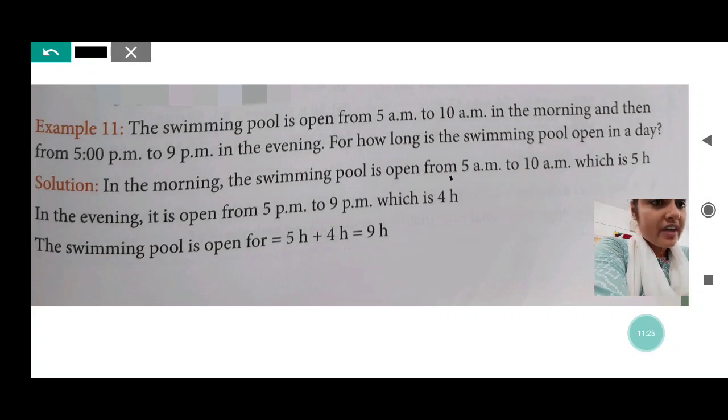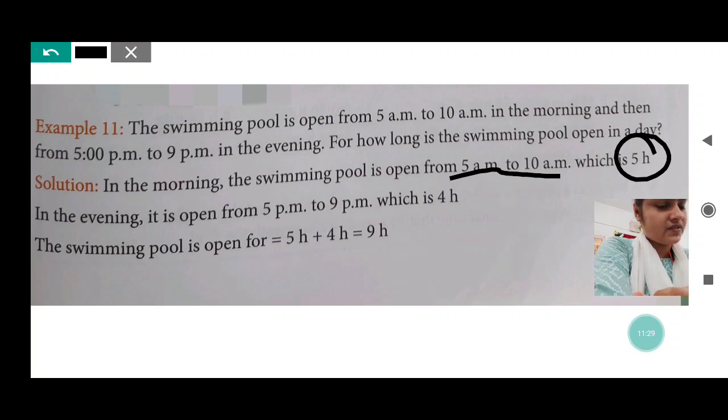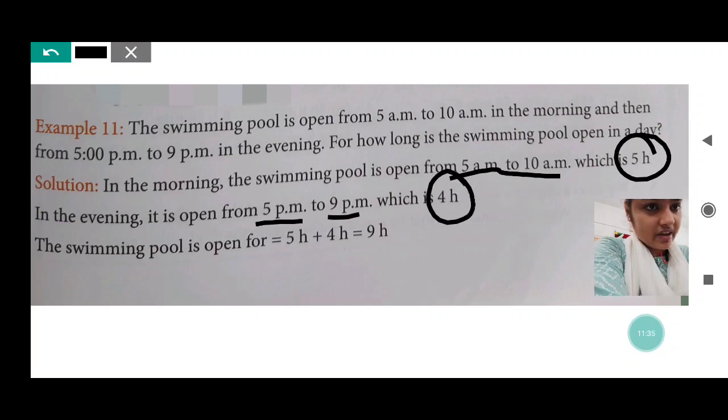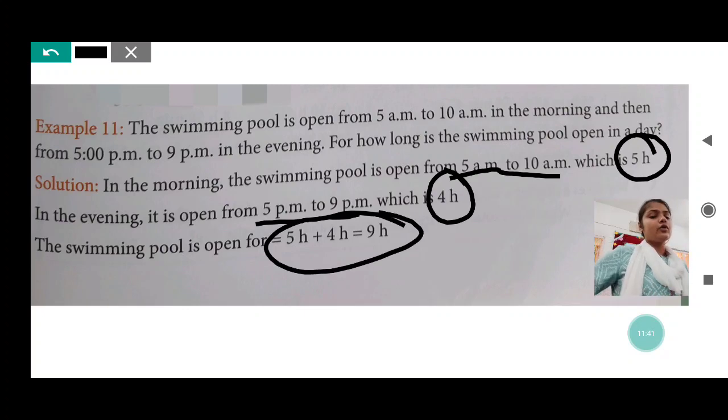In the evening, it opens from 5 p.m. to 9 p.m., which covers 4 hours. 5 hours plus 4 hours is total 9 hours. It used to open in the morning for 5 hours and in the evening for 4 hours, so in total it is open for 9 hours in a day.